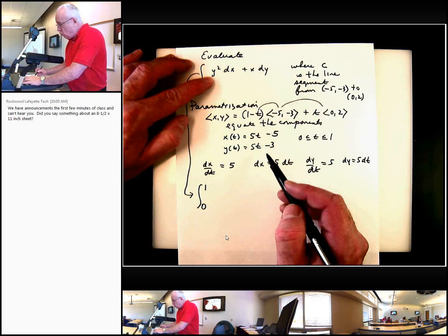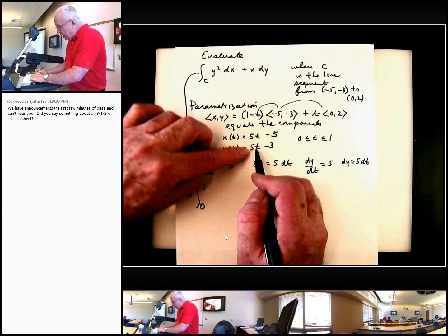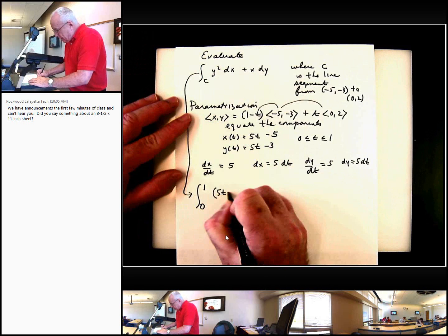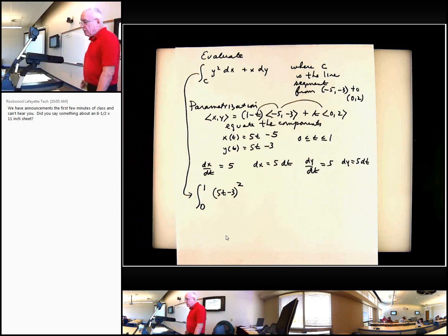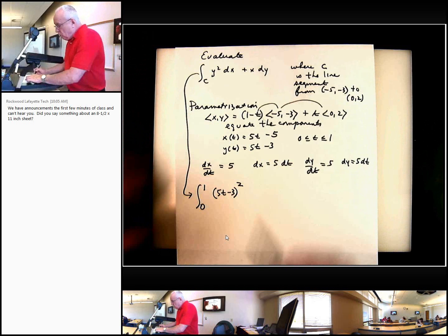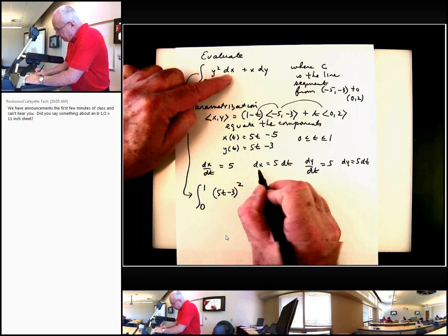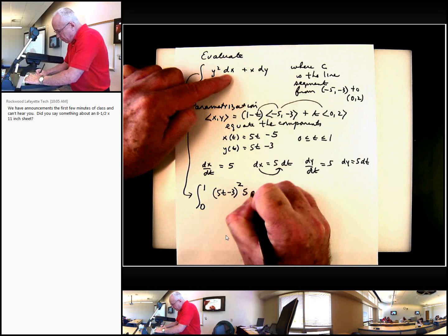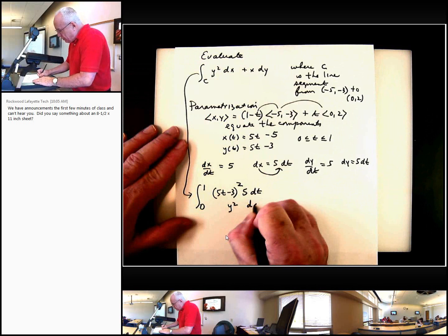So here we have y squared dx. My y is equal to 5t minus 3, so I'm going to put that in parentheses, 5t minus 3, that's being squared. And then we have to replace our dx, and we're going to replace dx with 5 times dt. So this comes out to be the y squared dx.